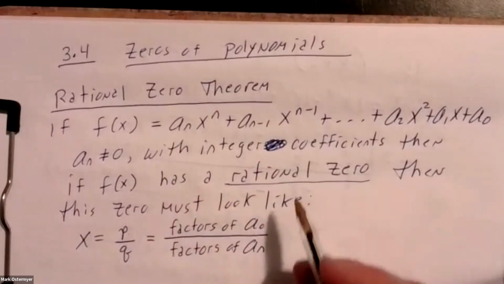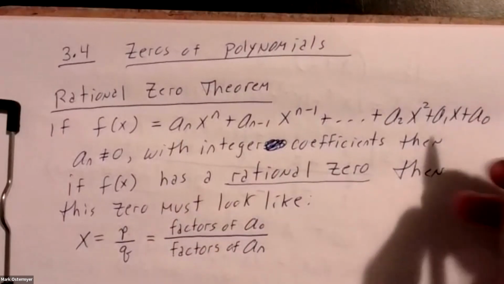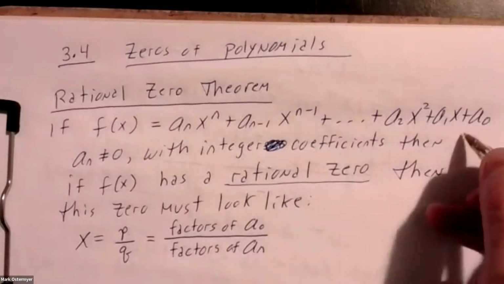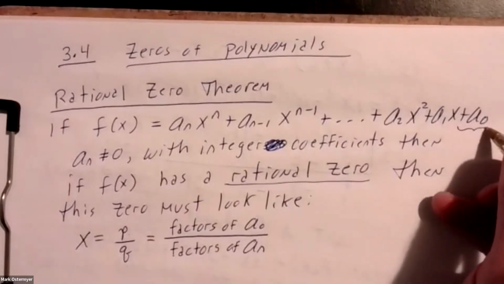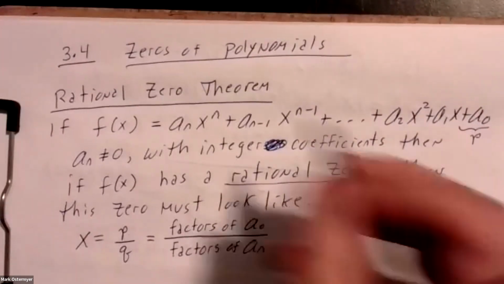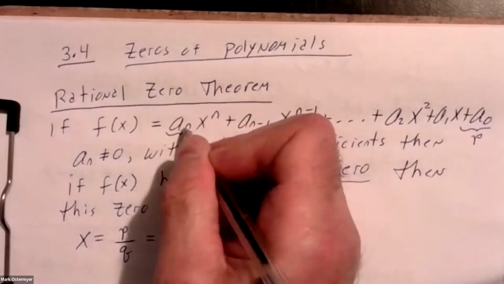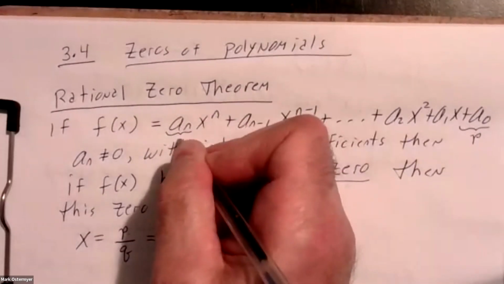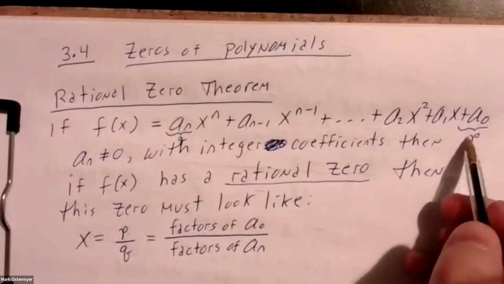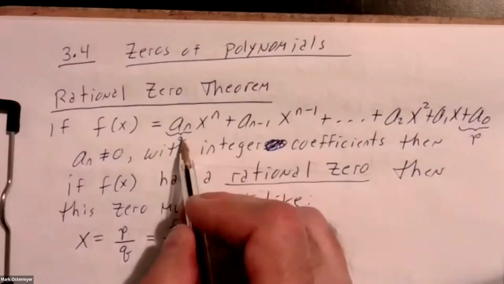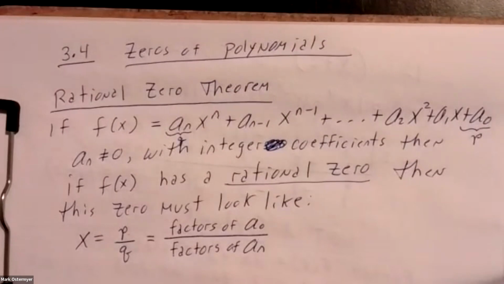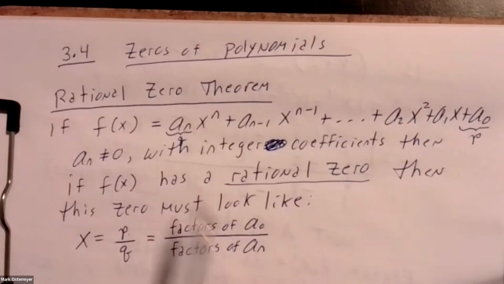The way I always remembered it is that p comes before q in the alphabet, so it's just the opposite here. p pertains to the last term. q pertains to the first coefficient, okay? So p are factors of the constant term, q are factors of the leading coefficient. Now this rational zero theorem is not saying that this polynomial function has a rational 0.